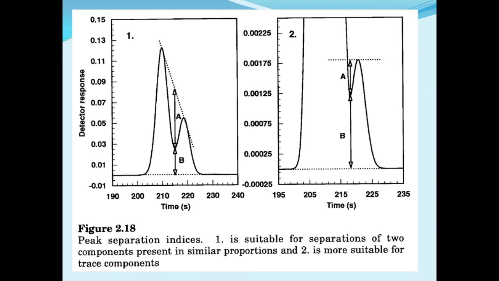Therefore a line is drawn parallel to the baseline through the apex of the minor peak, to intersect a line drawn through the valley perpendicular to the x-axis.